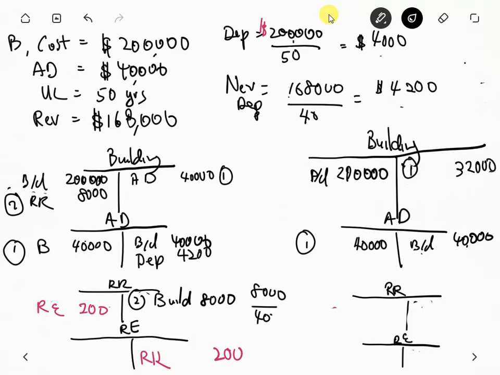So debit 40, credit 32. Repeat here. I debit 40, I credit 32, meaning that I credit the balance 8 to my RR. Same for 8,000, 8,000.